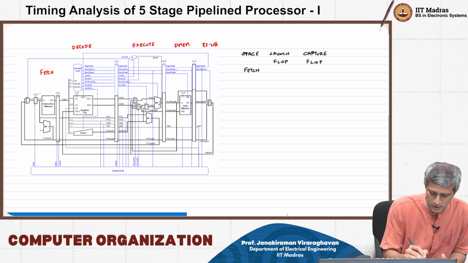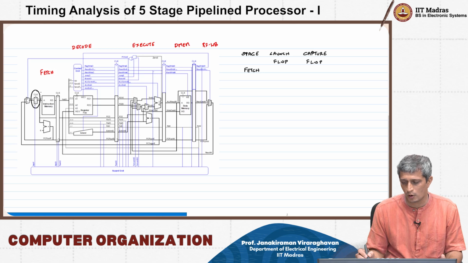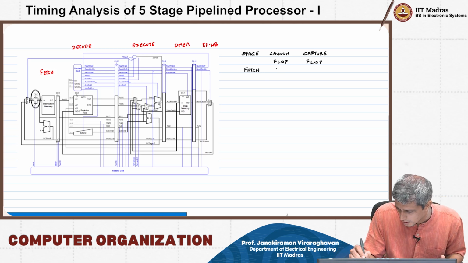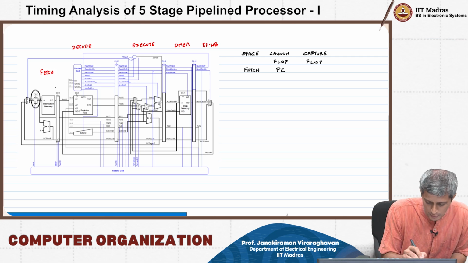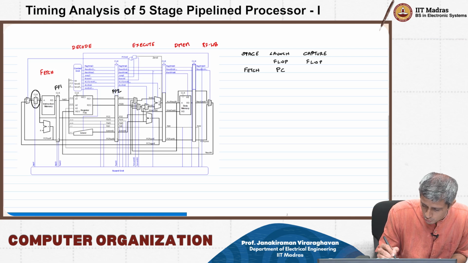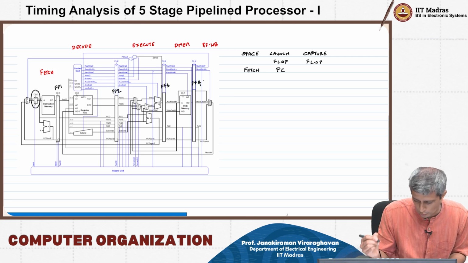The fetch is obviously going to be controlled by this program counter flip-flop. That is what is going to come through. So your program counter is going to launch and it will get captured by which flip-flop? I will call these FF1, FF2, FF3, FF4.